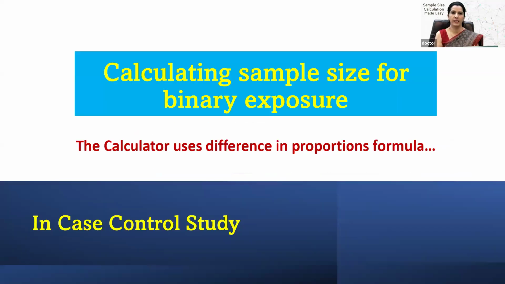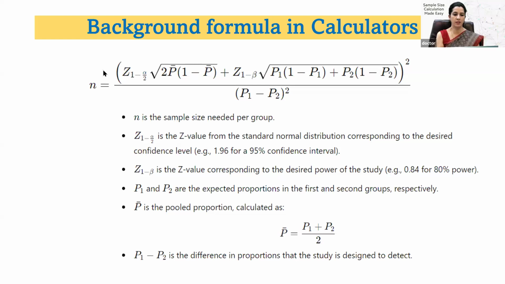In all these cases, we will use this formula. You don't need to remember this formula. If you are calculating your sample size, then you need to copy paste this formula in your manuscript or in your proposal, or if you are applying for funding, then also you need to give this formula.